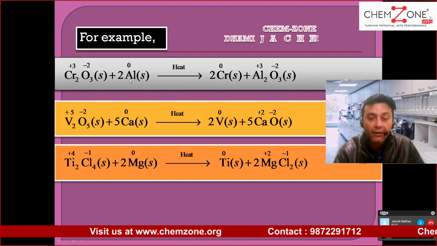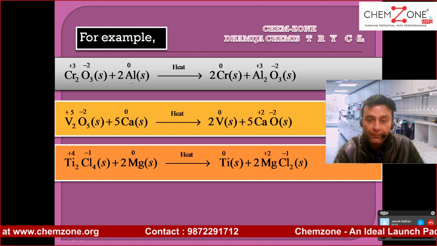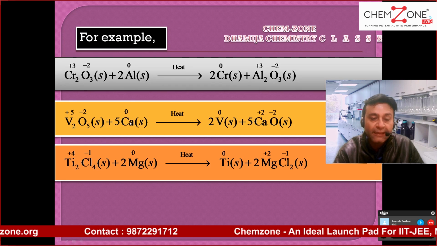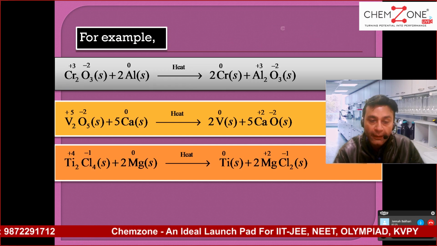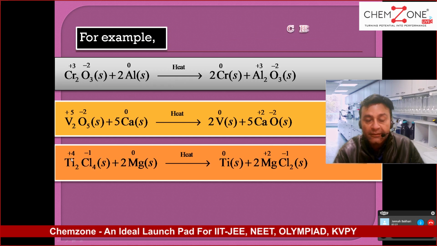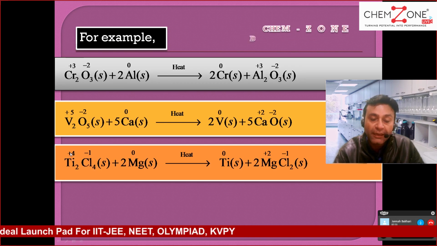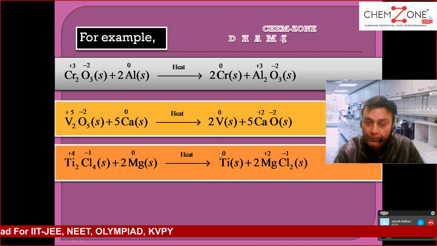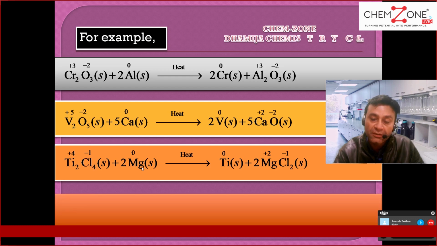So I can say here aluminum is acting like a reducing agent. In the second case, calcium is acting like a reducing agent. In the third case, you can see the titanium oxidation number is decreasing, or I can say titanium is getting reduced in the presence of magnesium. So magnesium is a reducing agent.